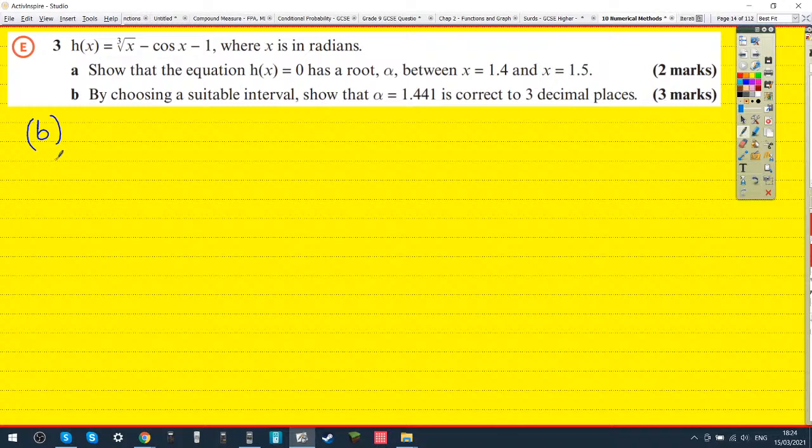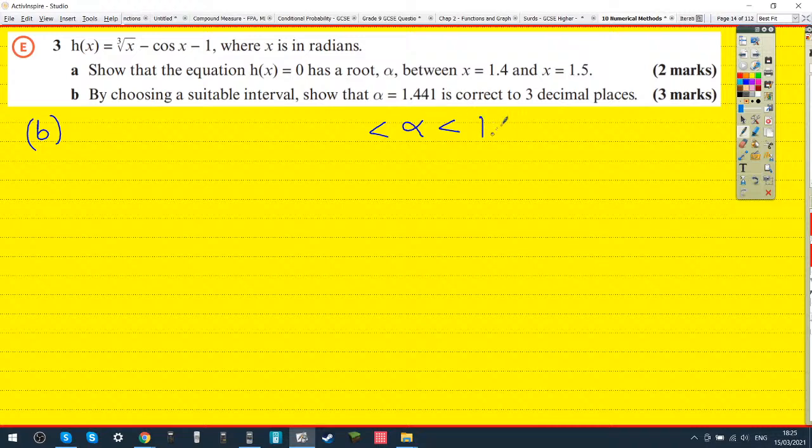So we're now doing 1.435, no, 1.395, no. What would be the upper bound? 1.4415.